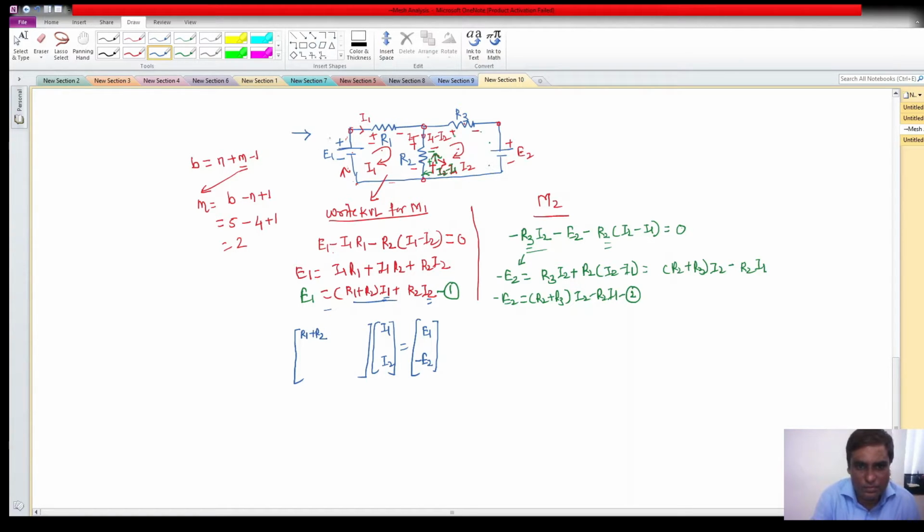Okay, somewhere wrong here. So if I am shifting here, I1 R1 plus R2 (I1 minus I2) will be there. So it will be I1 R2. I am sorry, this will not be plus, this will be minus.